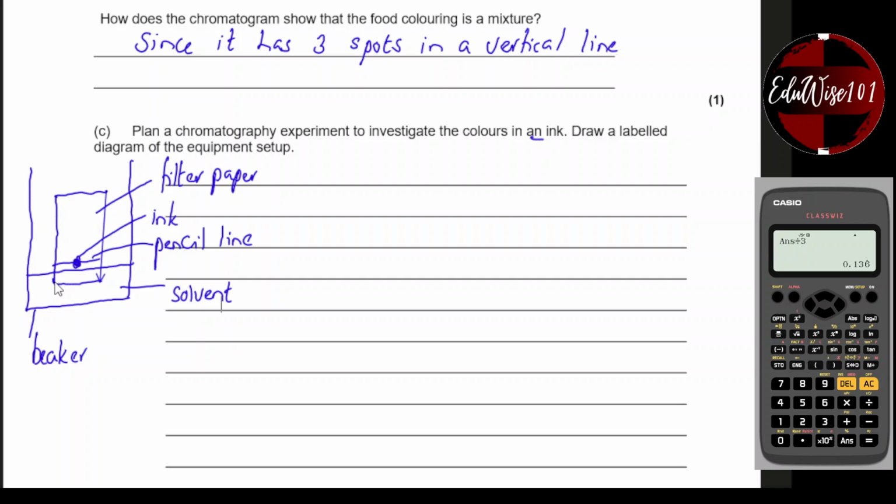First of all, you would draw a line in the filter paper and then put a dot of the ink, and then place the filter paper in a beaker containing the solvent, and you will use something to hold up the filter paper so that it doesn't fall. In the class, you would have used a wooden splint and a paper clip like that.